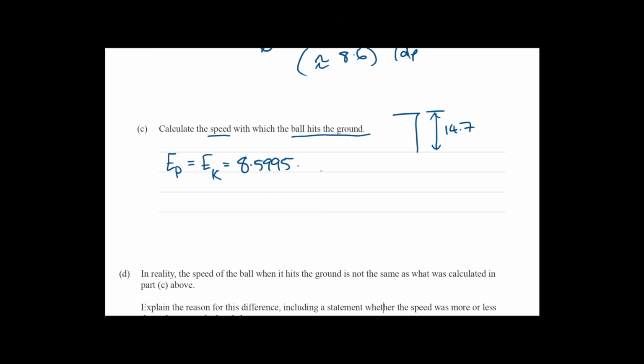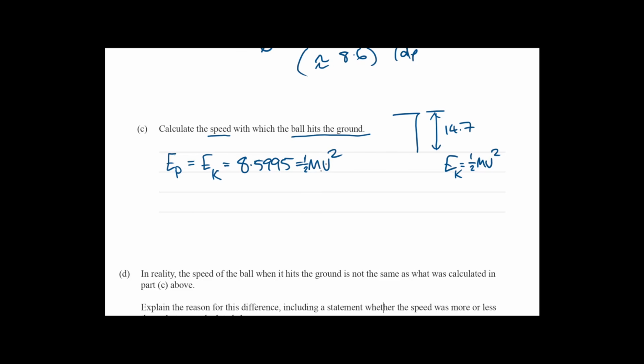So we know that they're equal, so we can put in our formula for kinetic energy. Kinetic energy is given in the formula sheet as half mv squared. Next year when you do calculus and physics, you'll see where we get this half and the squared bit from.